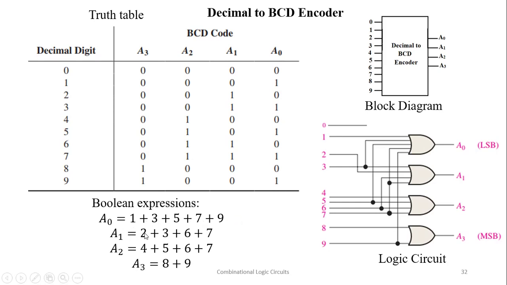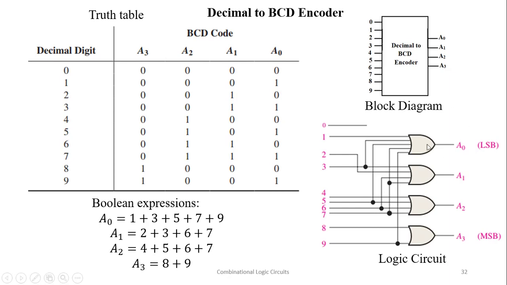A1 is active for lines 2, 3, 6 and 7, so this is a 4 input OR gate. A2 is active for 4, 5, 6 and 7. And A3 is active for only line 8 and line 9. This is the implementation.